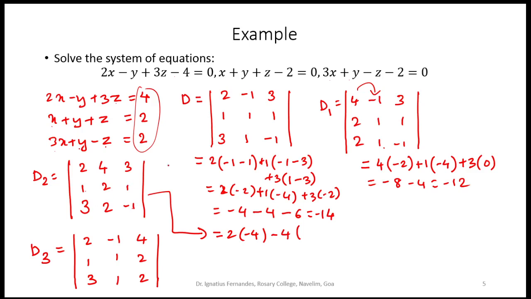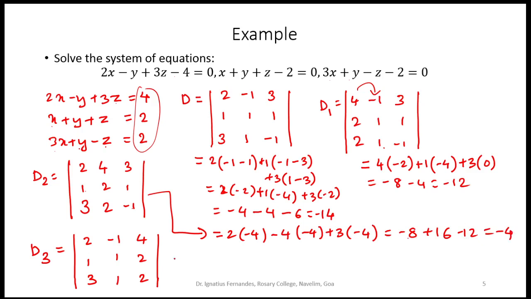So minus 1 minus 3 is minus 4, plus 3 into 2 into 2 minus 6. 2 minus 6 is minus 4. So I have minus 8 here. I have plus 16 minus 12. That will give me, so minus 8 minus 12 is minus 20, minus 20 plus 16 is minus 4.